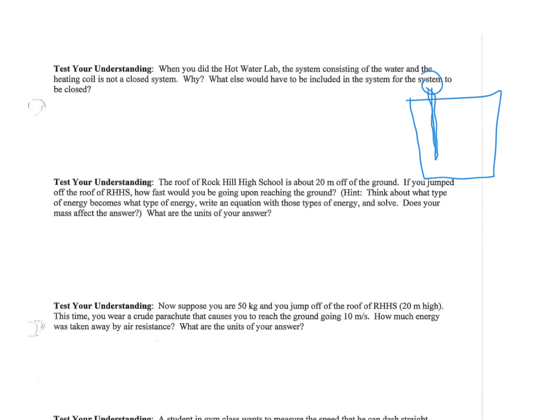Okay. And we have a heating coil. Why is it not a closed system? What do we find out is happening here? It is open. Is all the heat from the heating coil going straight into the water?